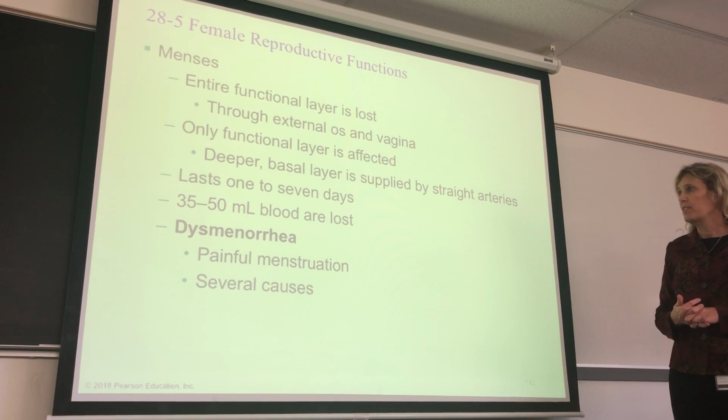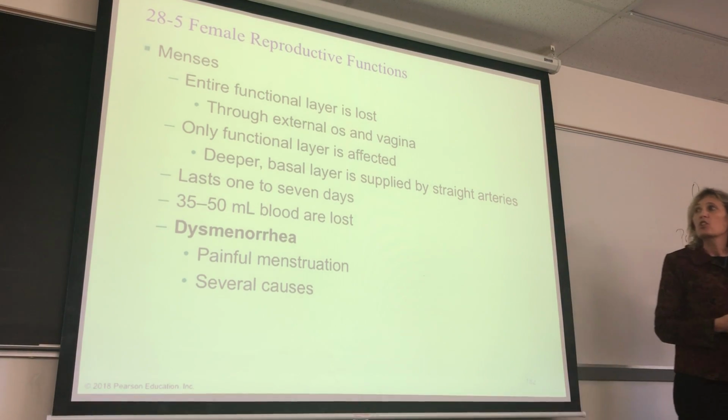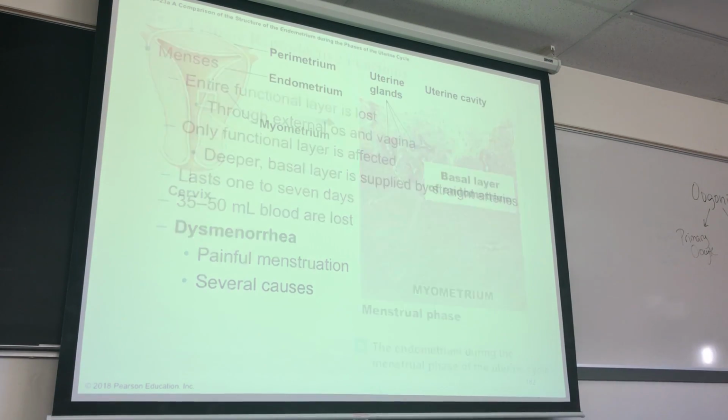About 35 to 50 milliliters of blood are lost. Only the functional layer is affected. So most of that functional layer sheds off, except for probably just a couple layers of it. The deep layer, the basilar layer, is not going to shed off. Dysmenorrhea is just a term that's used for painful menstruation, and there are several causes to that.